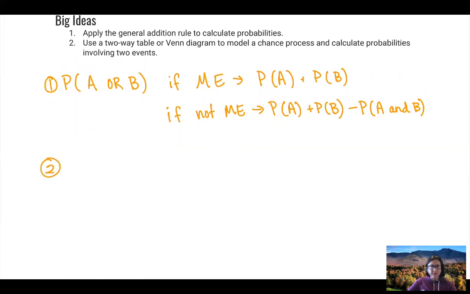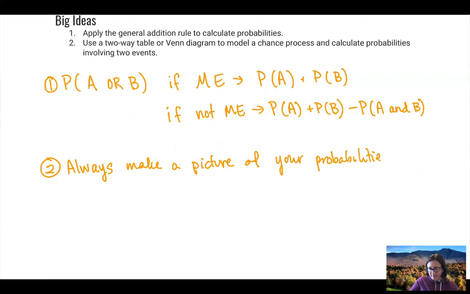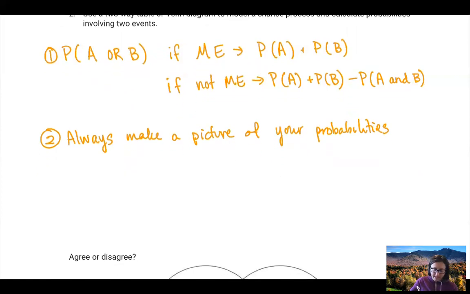So two-way tables or Venn diagrams. It's always good to make some sort of a picture of your probabilities. Venn diagrams can look a little bit different sometimes.